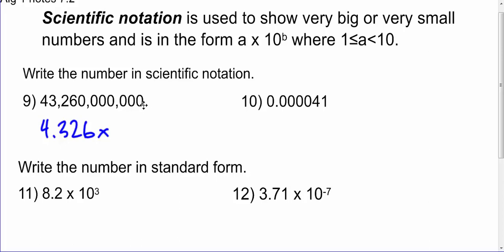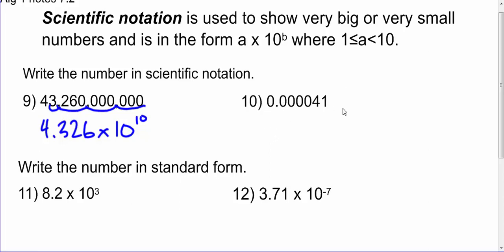And then I have to start thinking about, well, how far did I move the decimal? Well, that's 3 places right there. There's 6. There are 9, and then there was one more, so that's 10 places. So this is 4.326 times 10 to the 10th power. I don't think I'm teaching you something for the first time here, but if you're really lost on this, ask questions. We can get you taken care of.